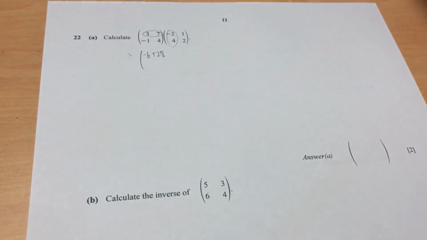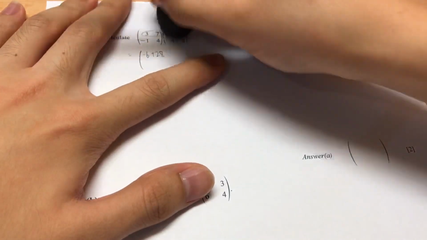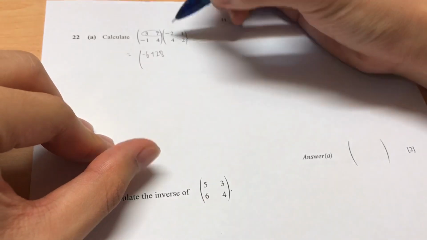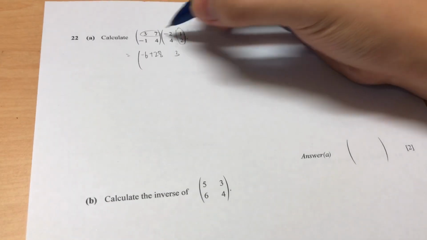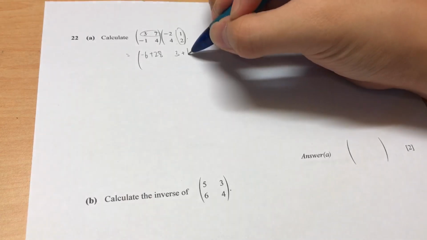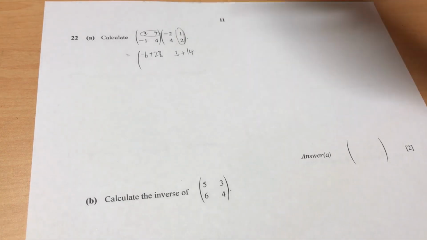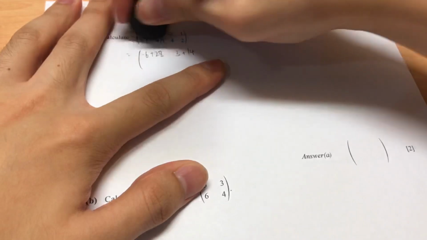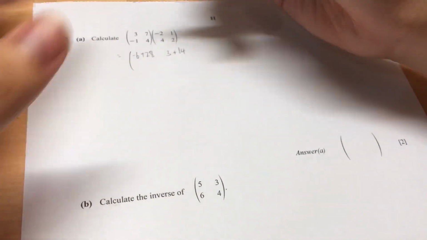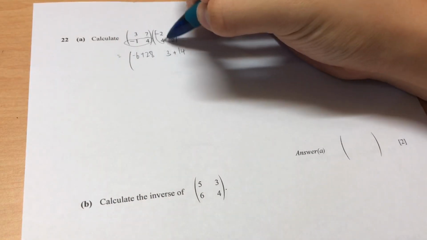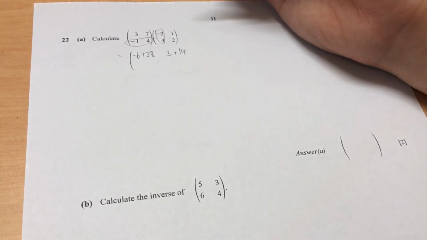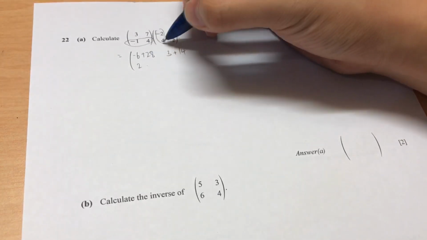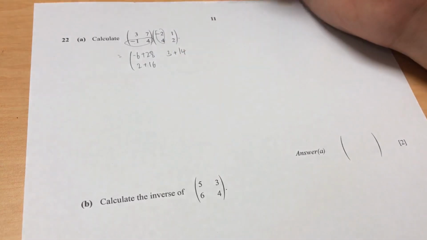For the right top corner, which is this place, I'm going to look at this one. 3 times 1 will be 3, 7 times 2 will be 14. Then for the bottom left corner, minus 1 times minus 2 will be 2, 4 times 4 will be 16.